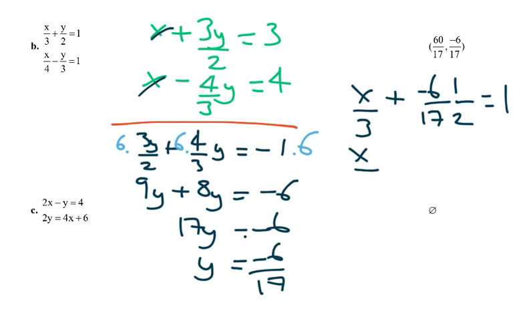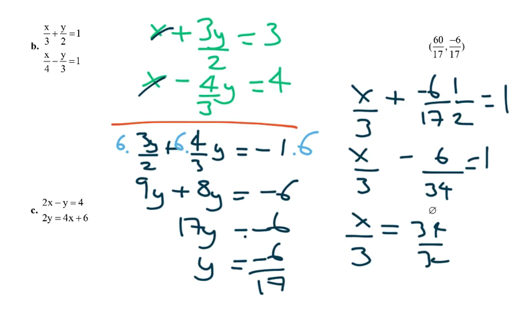And so x over 3 is equal to, subtract 6 over 34, is equal to 1. Add that 6 over 34 to the other side. So we're going to have 34 over 34, which is 1, plus 6 over 34. So we're going to end up with 40 over 34 is equal to x over 3.